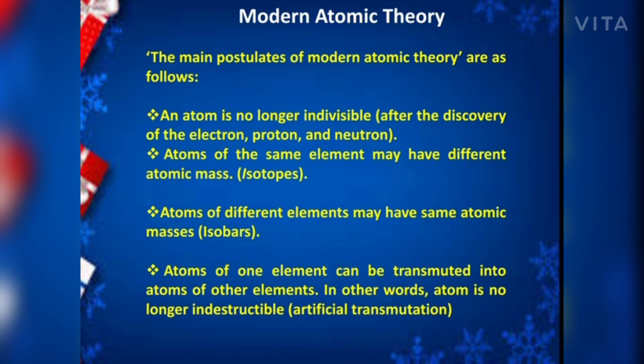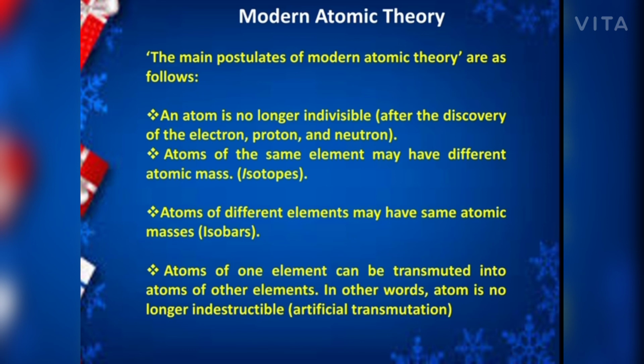So atoms are divisible particles, consisting of protons, electrons and neutrons. Atoms of the same element may have different atomic mass. Those elements are called isotopes. Atoms of different elements may also have the same atomic mass. Those types of elements are called isobars.